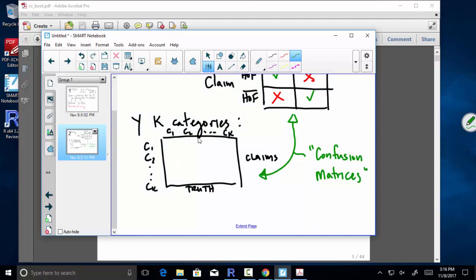Notice, in addition to spelling out how each error happened exactly, like which cell in the confusion matrix an error belonged to, you could alternatively characterize accuracy overall with an overall misclassification rate.